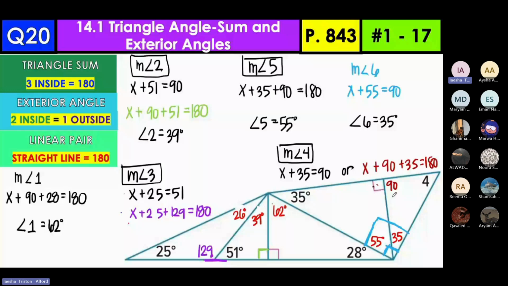It's up to you. But the measure of angle 4 is going to be what? 55 degrees.